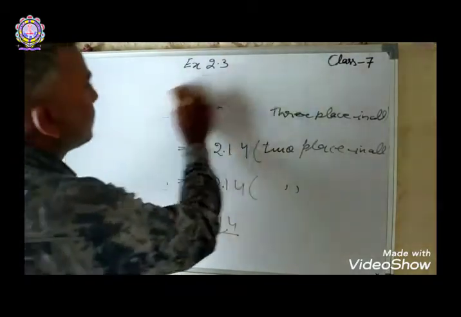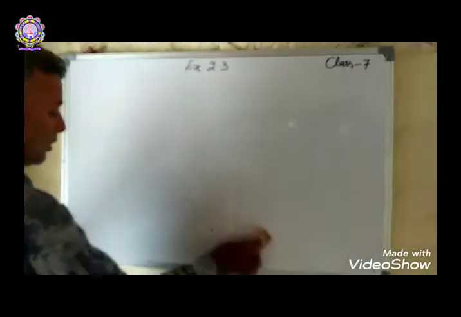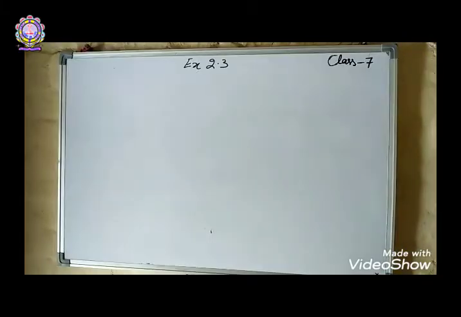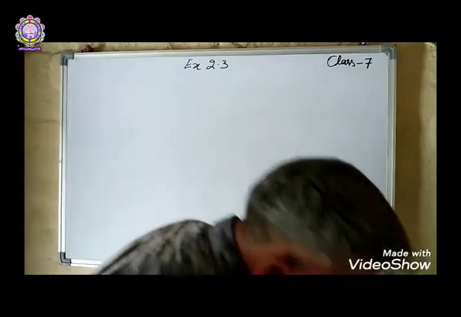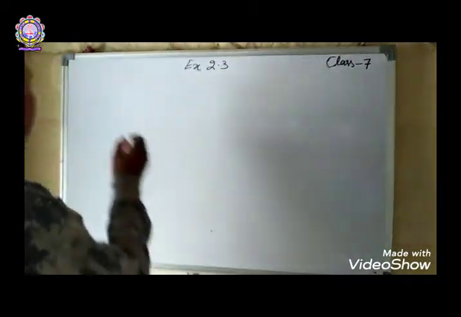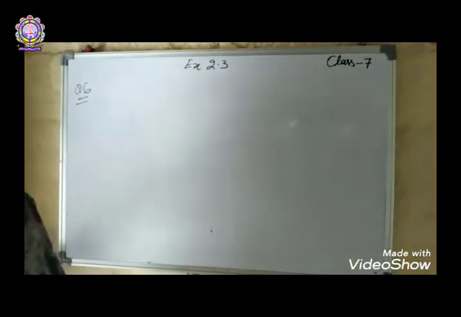Question number 6. When 0.02964 is divided by 0.004, what will be the quotient?